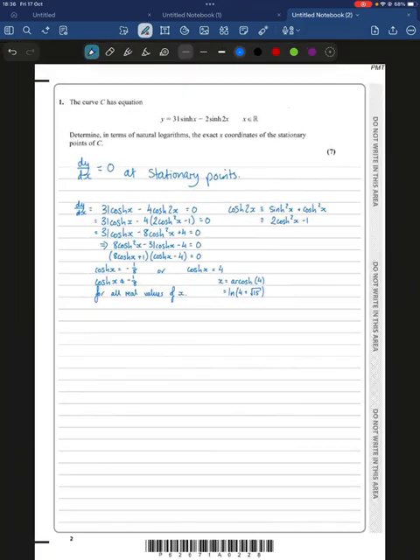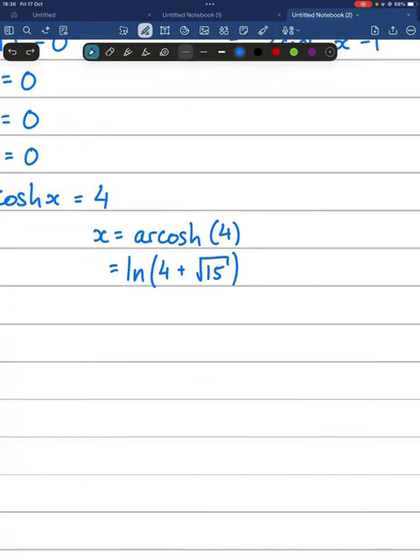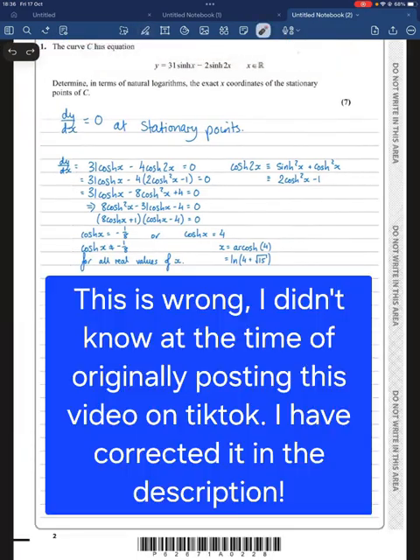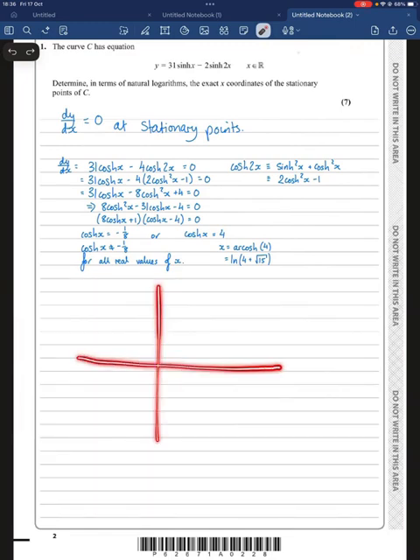But the question says, determine the exact x coordinates of the stationary points. So there must be more than one. Well, this is just one x coordinate. We don't have to find the y coordinate or anything because we haven't been asked to, but that's just one x coordinate. Well, if you remember from when we did the first video on the graphs, the arcosh x graph was like this, because we said that this becomes a one-to-many function then.